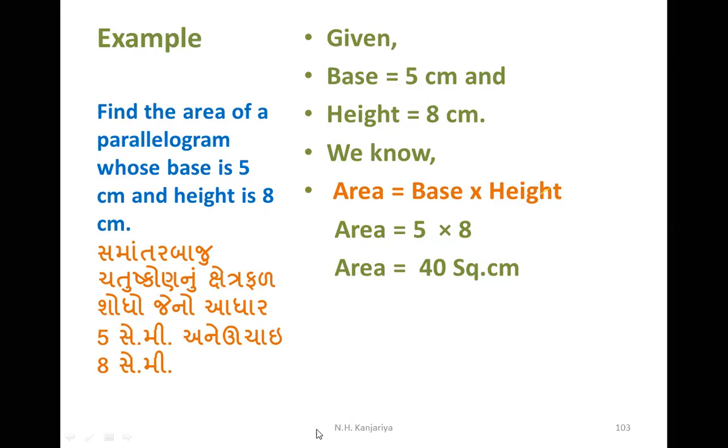Number 3. Present, ma'am. Okay, number 4. Present, ma'am. Okay. Number 5. Number 6. Present, ma'am. Okay. Number 7, 8. Present, ma'am. Okay. Number 9. Present, ma'am.